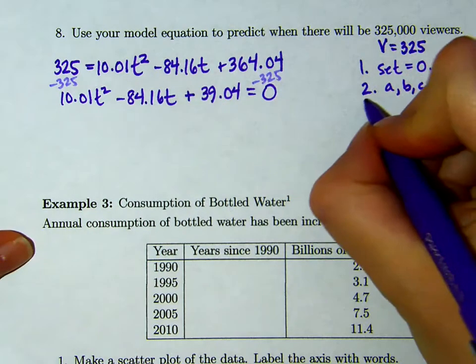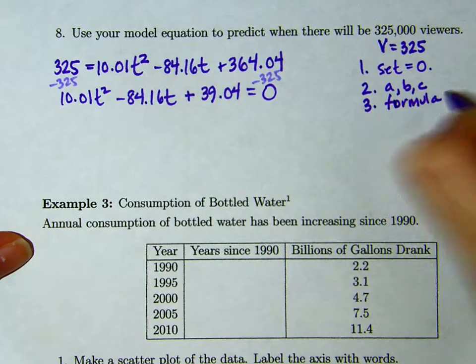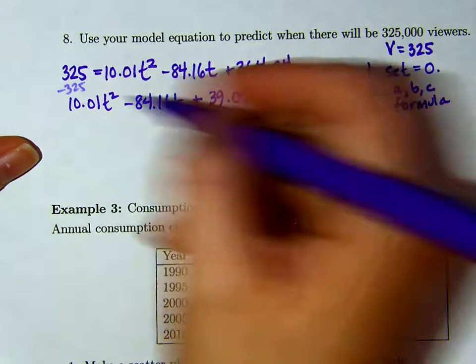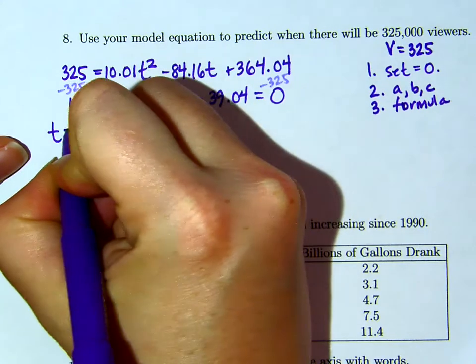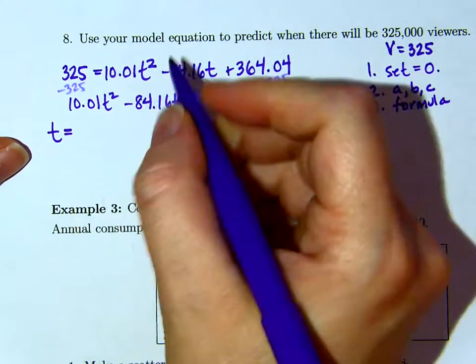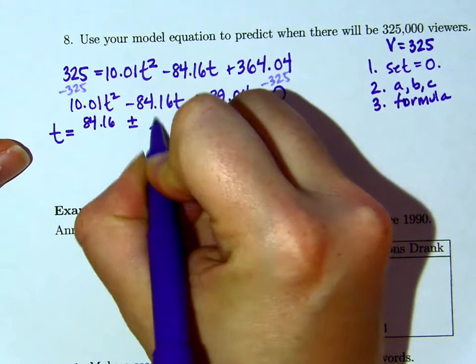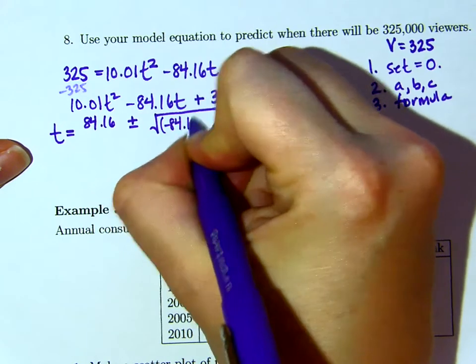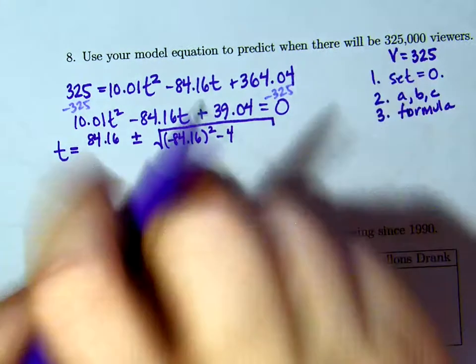Step 3. I'm not writing them down just because I don't have enough space, I don't think. So step 3 is formula. And the formula says, okay, well, instead of x's, I'm using t, is the opposite of b, so 84.16 plus or minus the square root of negative 84.16, that quantity squared, minus 4 times, I'm going to run out of space.